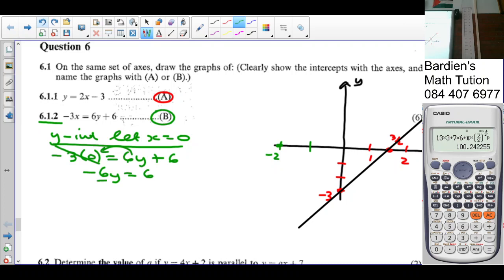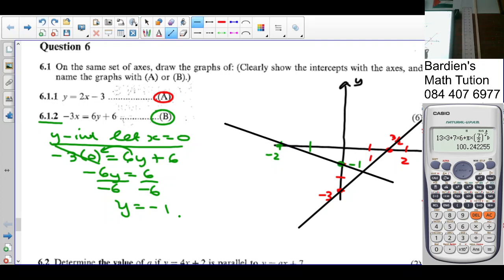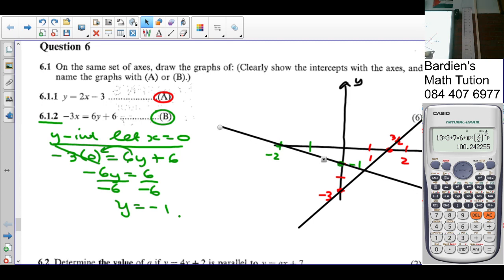Negative 6y is equal to 6, divided by negative 6 both sides. So y is negative 1, which is there. Again, we take our ruler and we draw that line. This is the equation. Right, any confusion here, people?